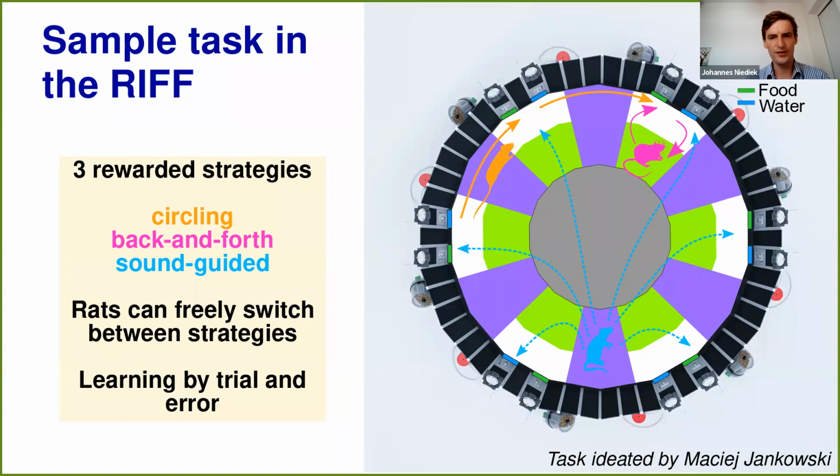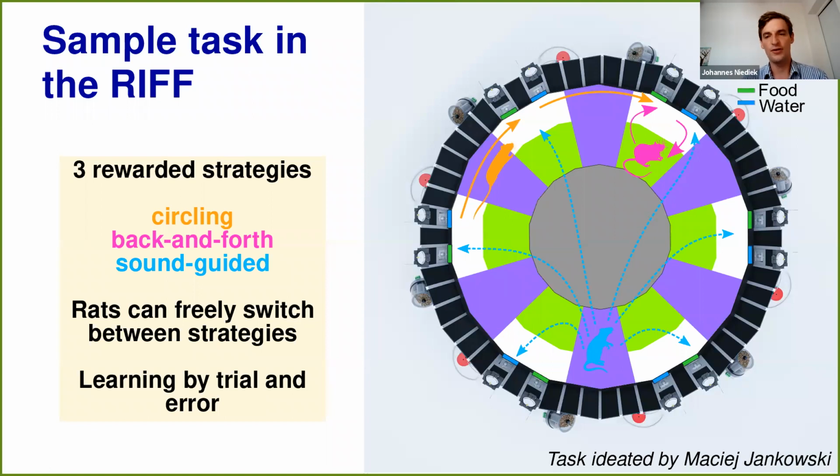And in this task, the rats have 3 different ways to obtain rewards. One is circling, shown in orange. Here, rats run around and can pick up food whenever they reach one of the white areas plotted here. The next strategy is back and forth, shown in pink.